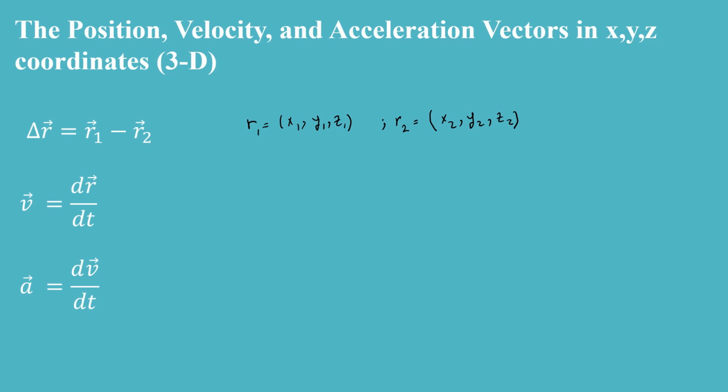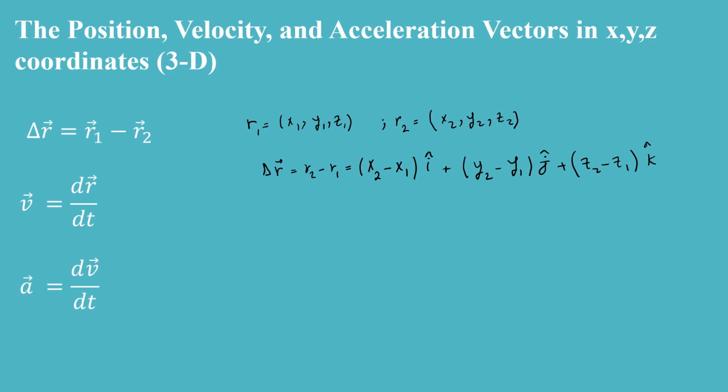And now I'm going to write down the displacement, so my delta r is going to be r2 minus r1, right? And then it's going to be x2 minus x1, and I'm also going to write down the unit vector, so it's going to be i, and then y2 minus y1 in j plus z2 minus z1 k, right?